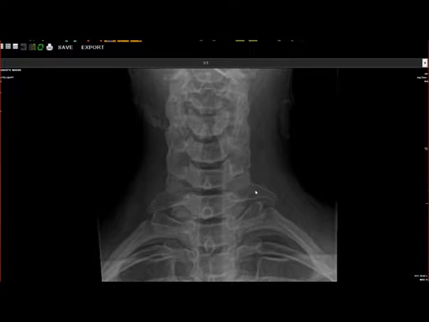But notice here on the left, this extended transverse process also curls around and takes the configuration of a cervical rib. Interestingly, when I received the radiologist report regarding these x-ray studies, the radiologist failed to describe the existence of a cervical rib.